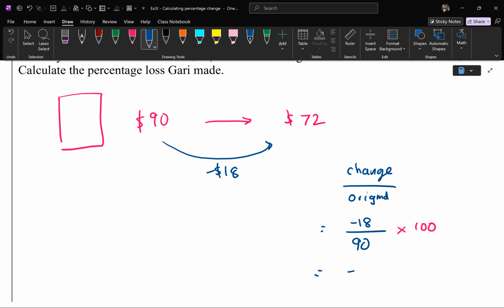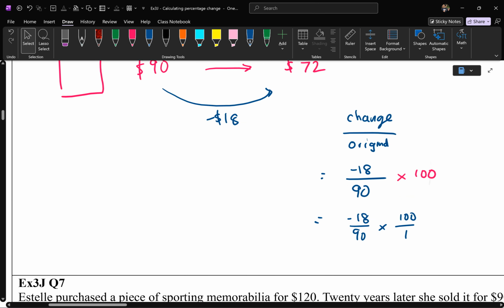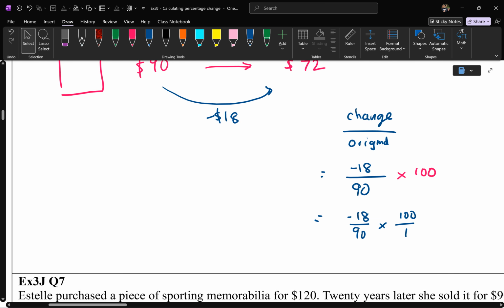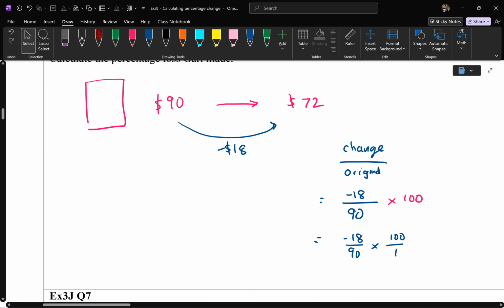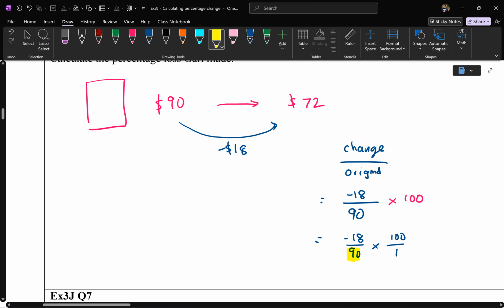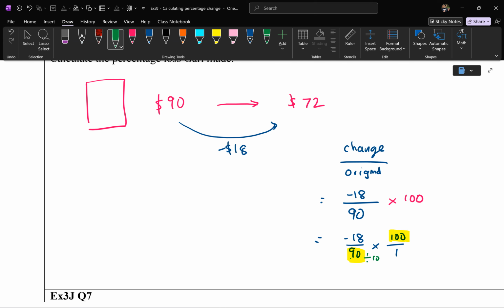Let's multiply it together. It's negative 18 over 90 times 100 over 1. Let's see what we can simplify. What two numbers can you simplify? 90 and 100. What's the highest common factor, Osman? 10. Very good. So 10 goes into 90 9 times. 10 goes into 100 10 times.